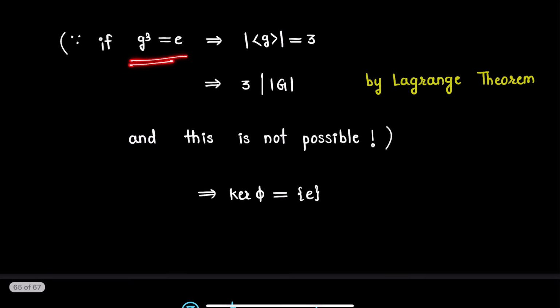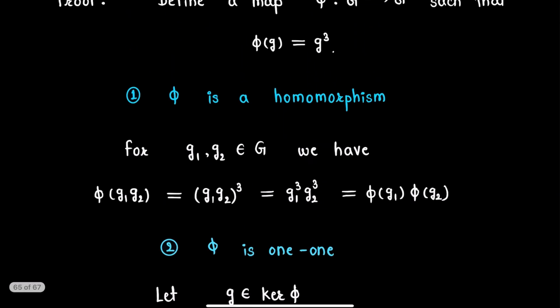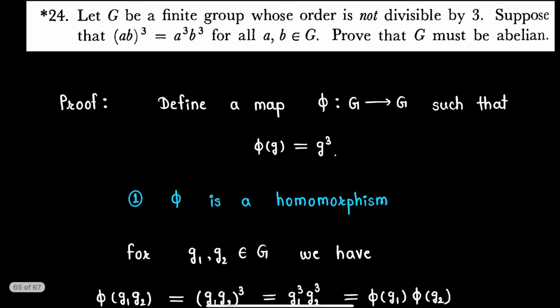if g^3 is the identity and g is not the identity, then the order of g will be 3, and this implies the order of the cyclic group generated by g will be 3. Now the cyclic group generated by g is a non-trivial subgroup of group G. Then by Lagrange's theorem, the order of the cyclic group generated by g, that is 3, will divide the order of G. But in the question it is given that the order of group G is not divisible by 3.